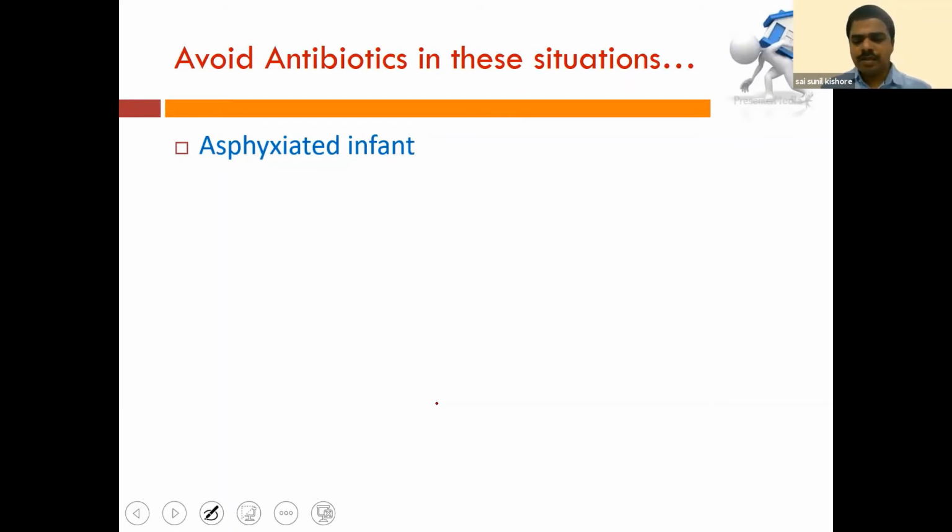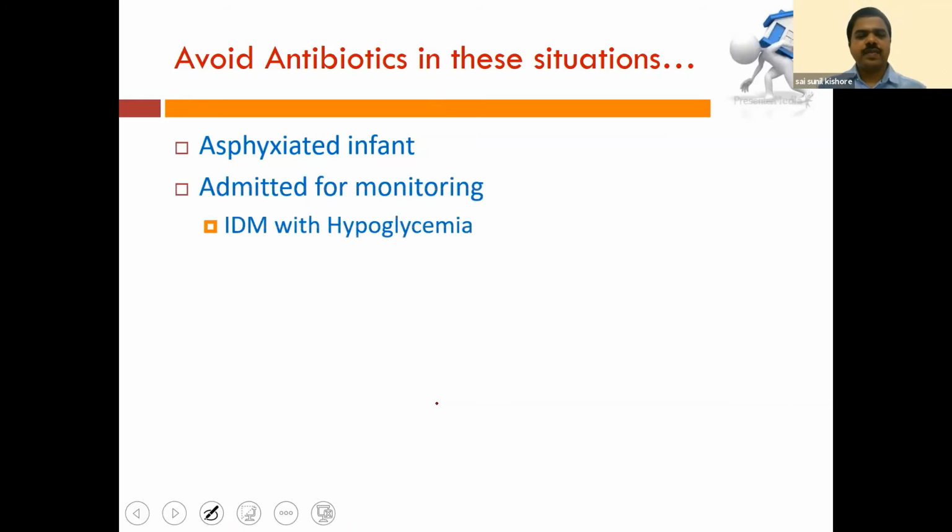So these are the situations where we can avoid antibiotics. A baby with milder degrees of asphyxia, HIE stage 1, no risk factors, you can avoid. Babies with HIE stage 2 and 3 requiring ventilation or therapeutic hypothermia, of course, those are not the scenarios.